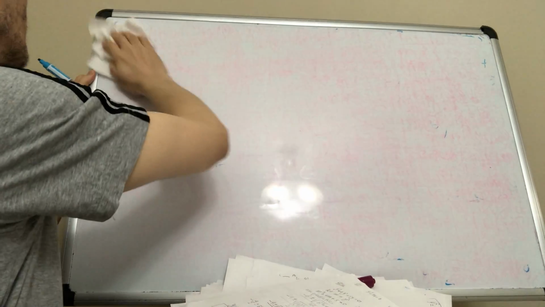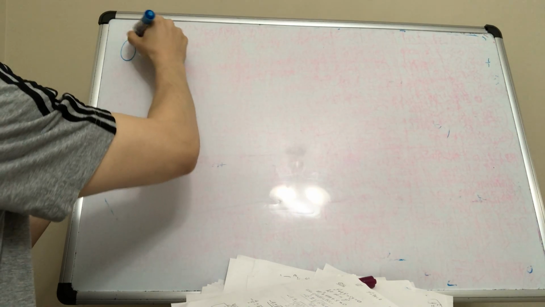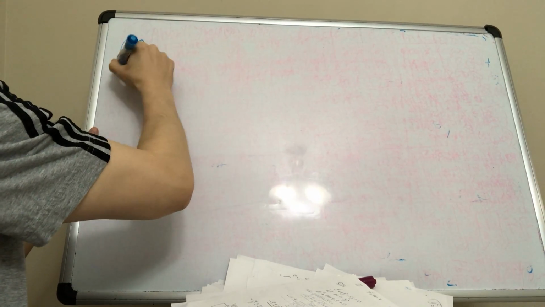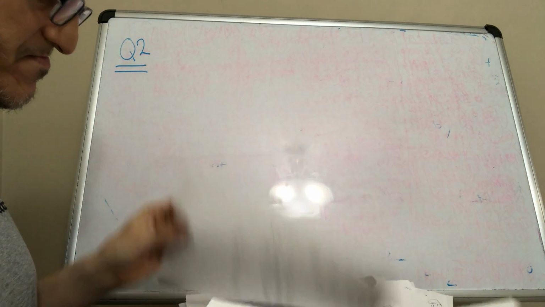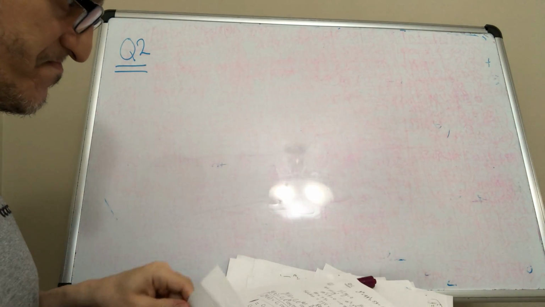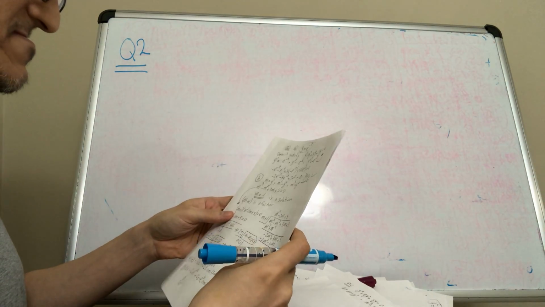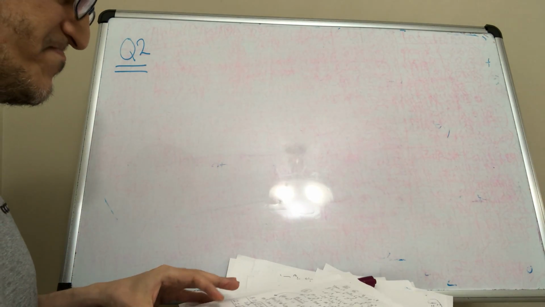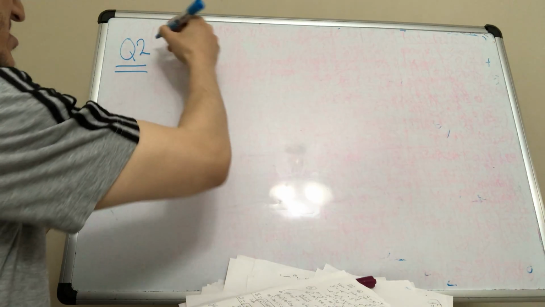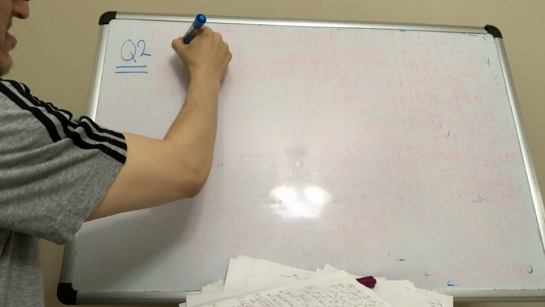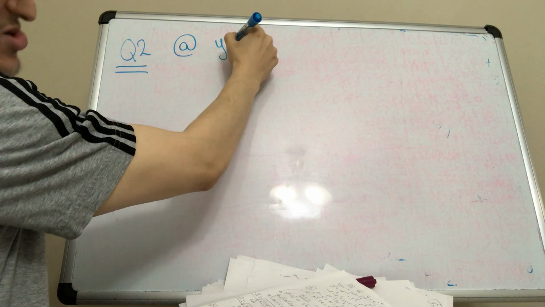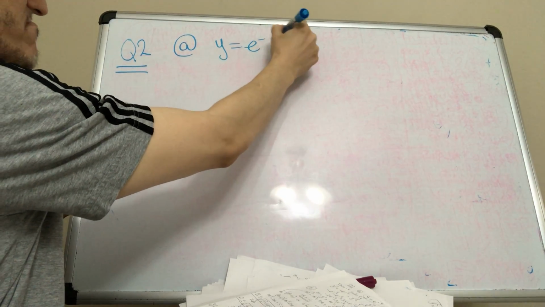Now we do question 2. Question 2 started with, they give you a solution, y equals e to the minus t.